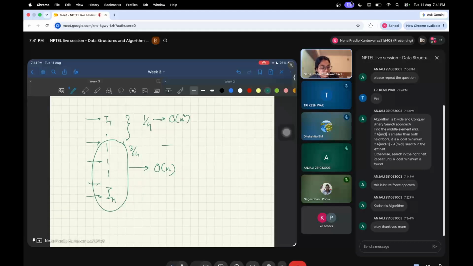So when you sum this up, on average you are saving time by using insertion sort. There is something called amortized analysis that we use.